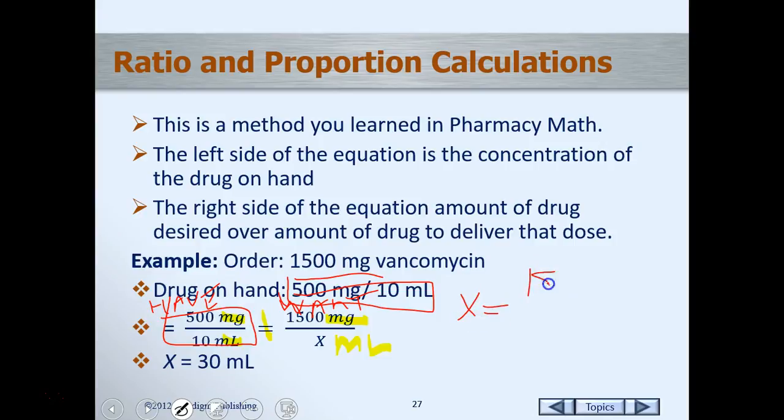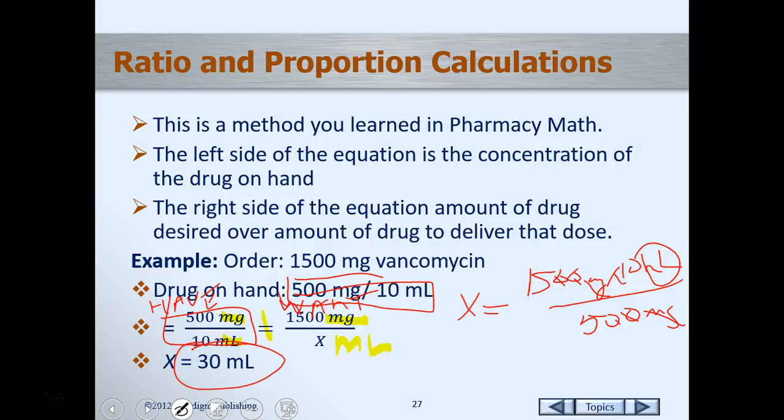X is equal to 1,500 milligrams times 10 mLs divided by 500 milligrams. Our milligrams cancel, leaving us with our milliliters. Get rid of a couple of zeros there. So I have 150 divided by 5, which makes 30 milliliters.